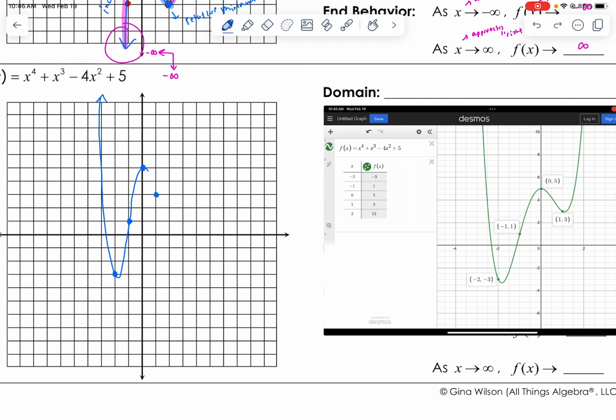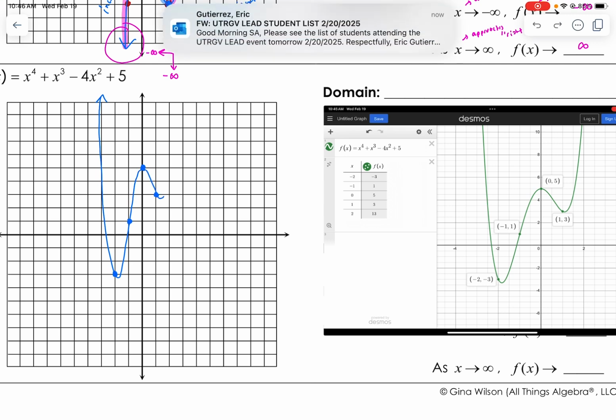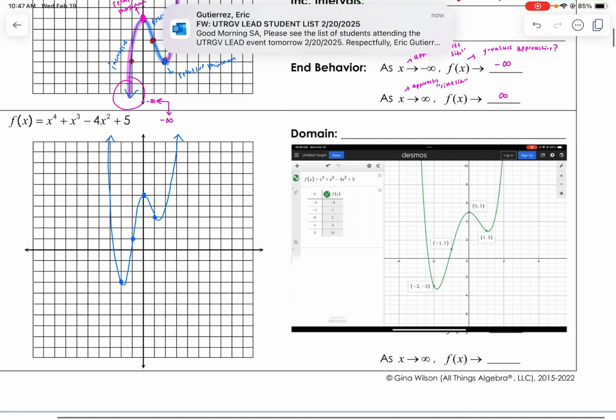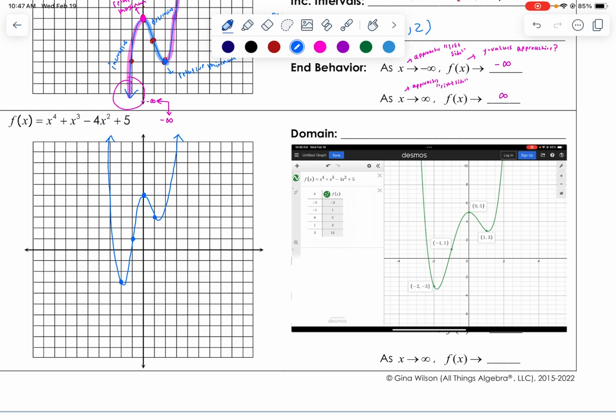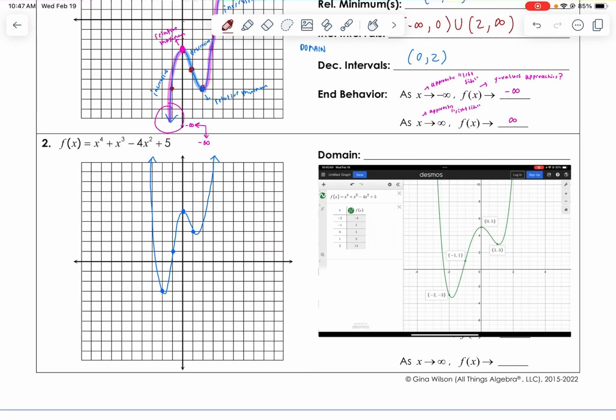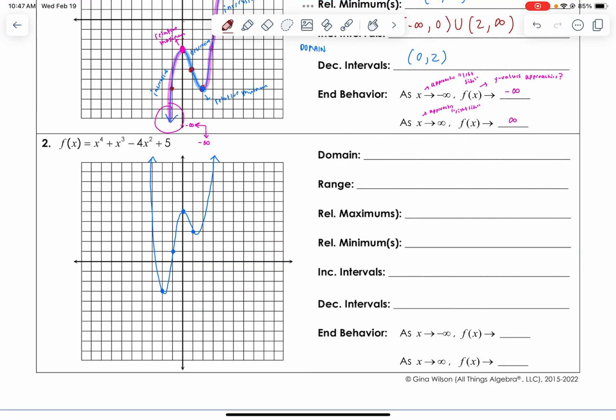So we're increasing. Now we're decreasing, decreasing, decreasing. And then here goes just a little more down. So let me fix that. It goes just a little more down, and then it starts to increase. Okay. So the graph looks something like this, and we'll analyze that right now.